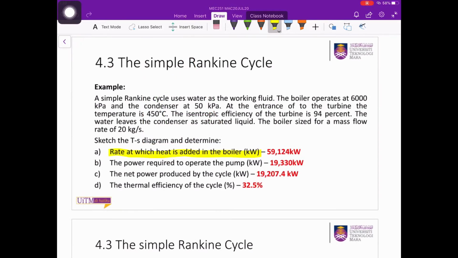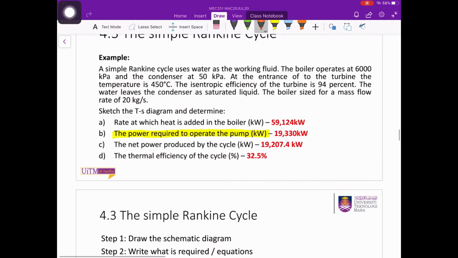In this question, they require us to determine the rate at which heat is added into the boiler in the unit of kilowatt. So this is actually referring to Q dot in. Power required to operate the pump in kilowatt.